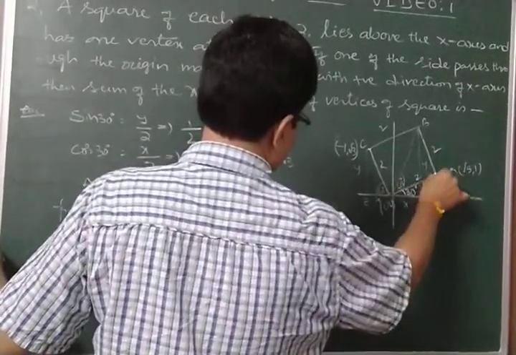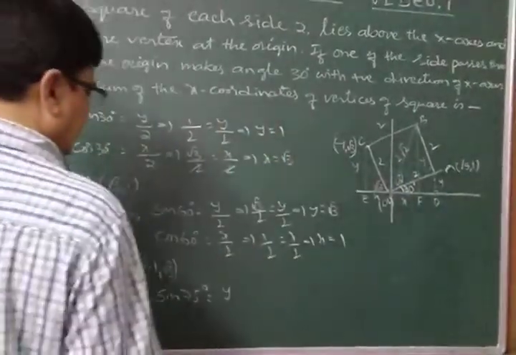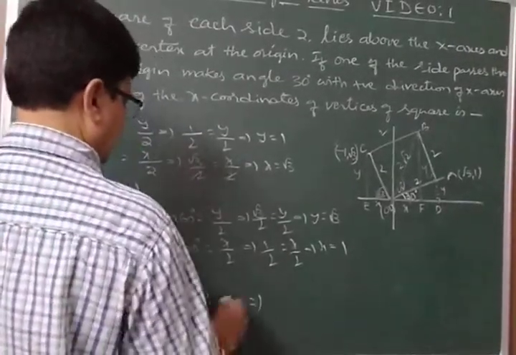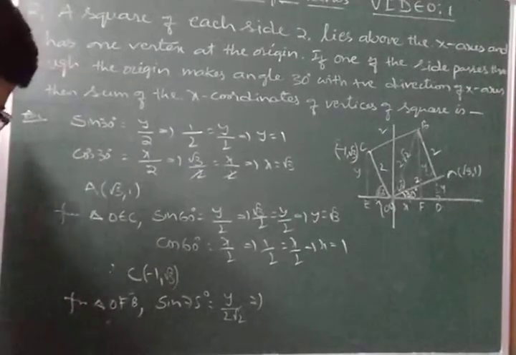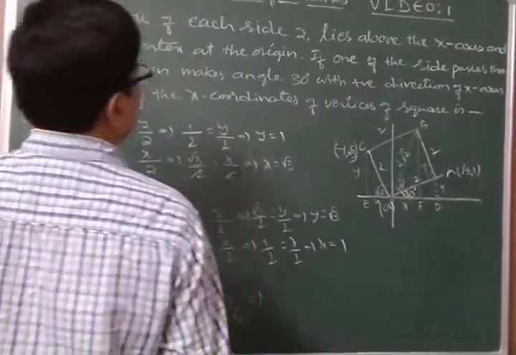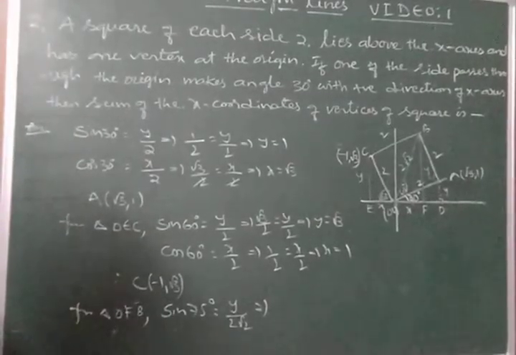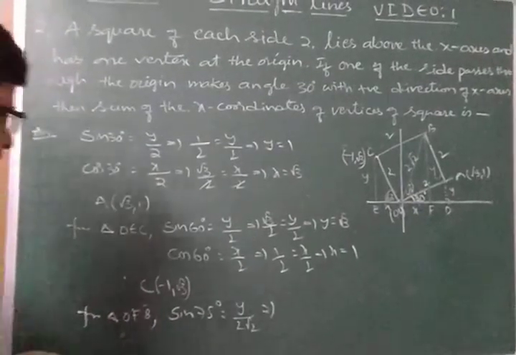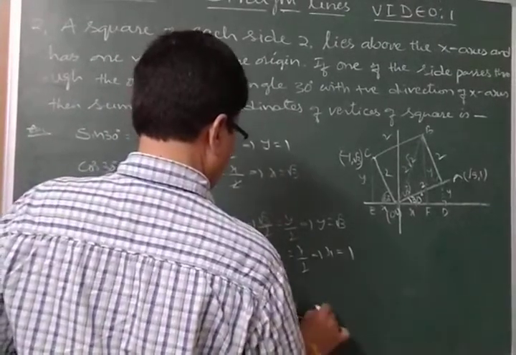The sides are 2 and 2 and it is a right angle triangle, so the diagonal is 2 root 2. So y by 2 root 2. Sine 75 means sine of 45 plus 30, which is root 3 plus 1 by 2 root 2. So root 3 plus 1 by 2 root 2 is equal to y by 2 root 2.